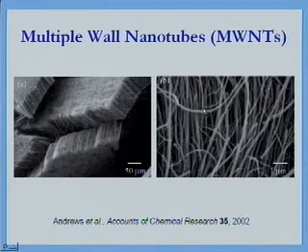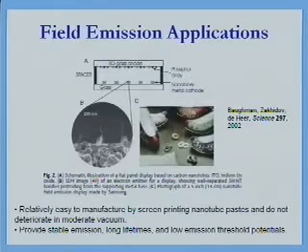Now, going about this, where can we use nanotubes as such? So I briefly put up some applications where they are currently used. One of the applications is field emission. So you have any kind of flat panel display. What you do is essentially you have different metal nanotubes on glass at different clusters.